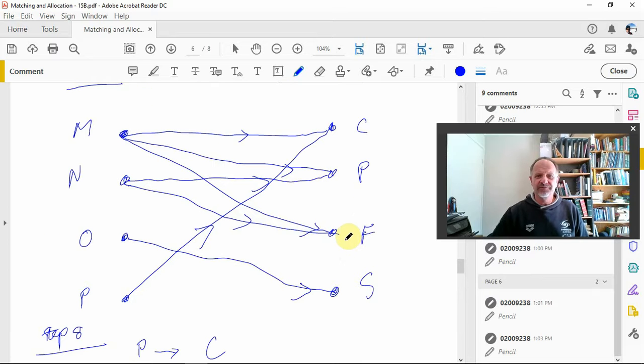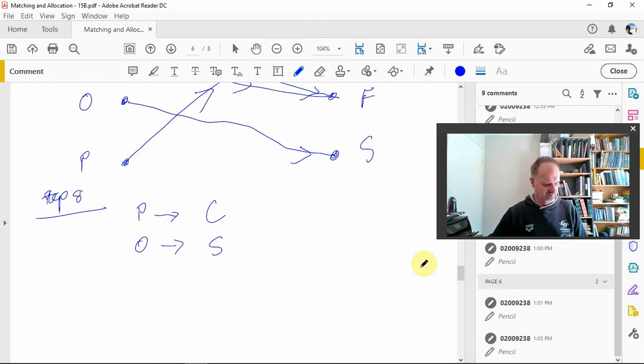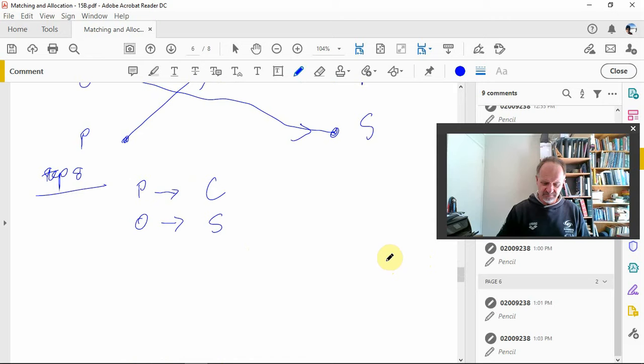So then we've got the finisher and the press and the folder, I should say, the press and the folder. Now, Mark can operate both of those, so can Neil. So Neil, he can do either the press or the folder, and Mark, he can do the press or the folder as well.